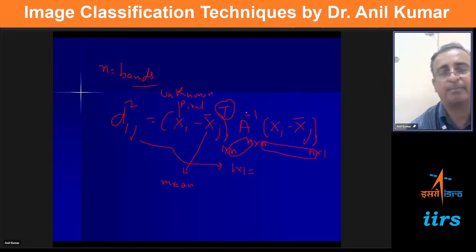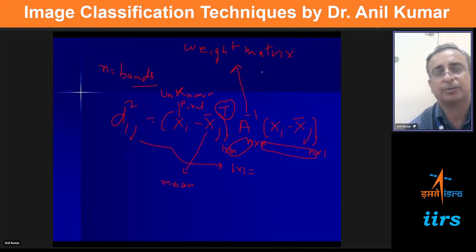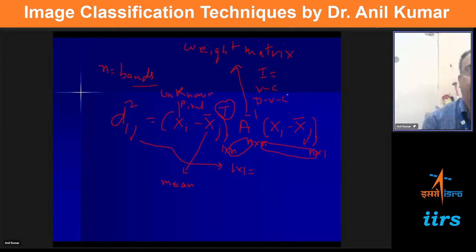And this A inverse is a weight matrix. The weight matrix has three forms: the unit matrix, the variance covariance matrix, or the diagonal variance covariance matrix.